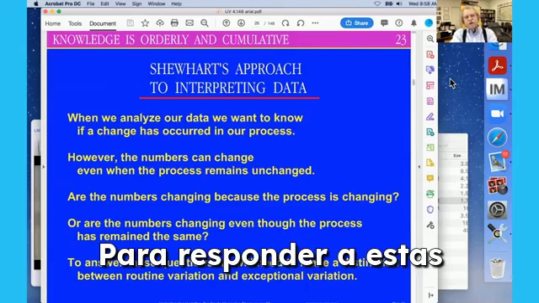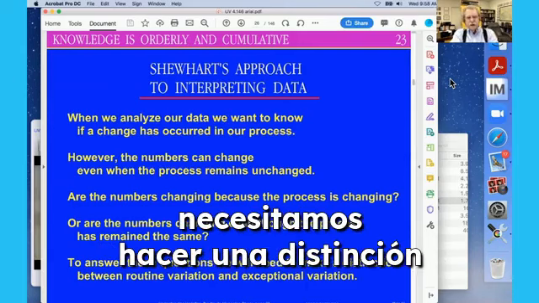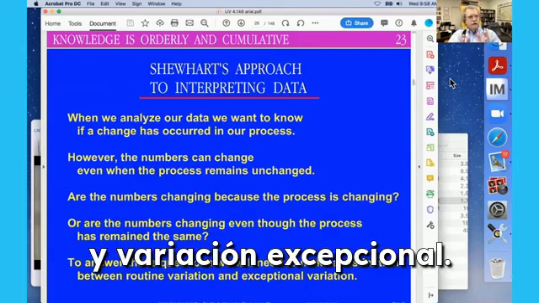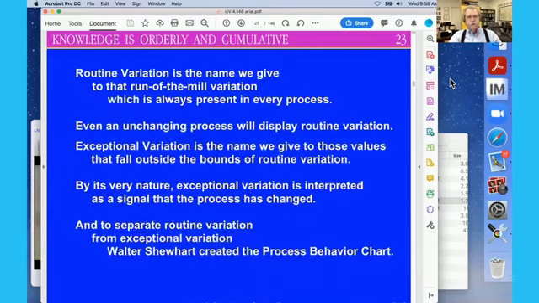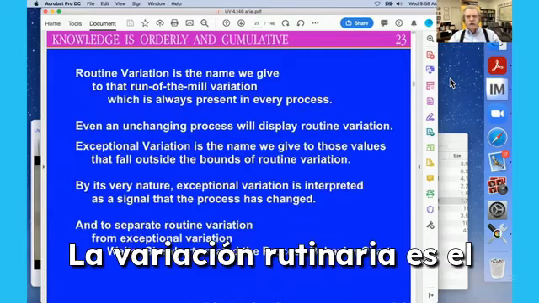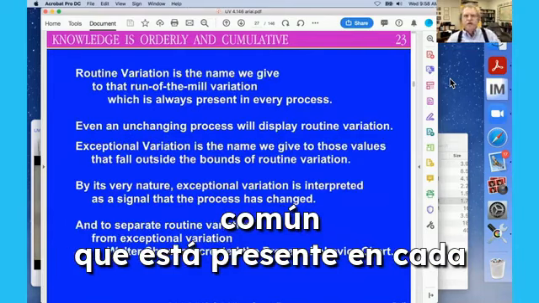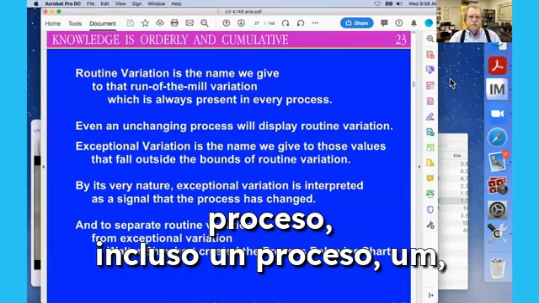To answer these questions, we need to make a distinction between routine variation and exceptional variation. Routine variation is the name we give to that run-of-the-mill variation which is present in every process.